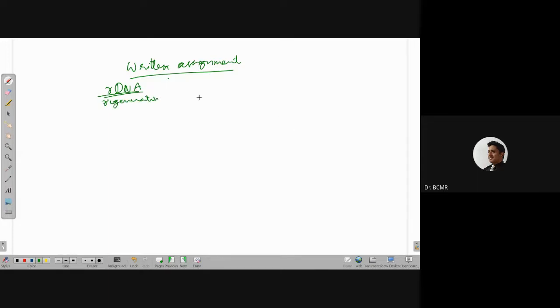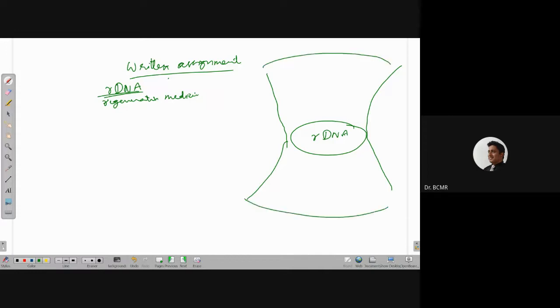If I told you about the significance of rDNA, this is, say, biotech. The whole of it is representing biotechnology. If you remove rDNA, it's not biotechnology. That means why we are giving it so much attention is we are able to manipulate the genome or the genes or genetic elements to get what we want.